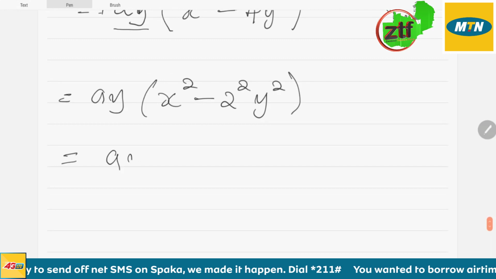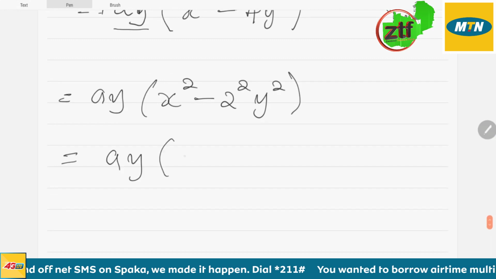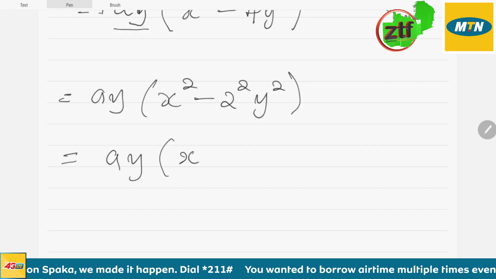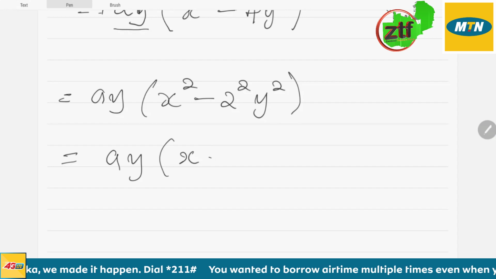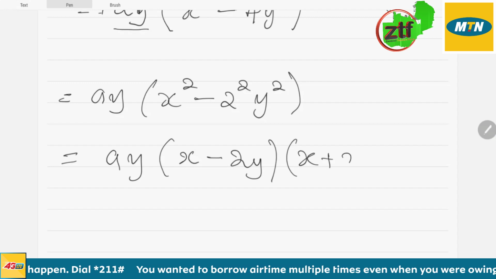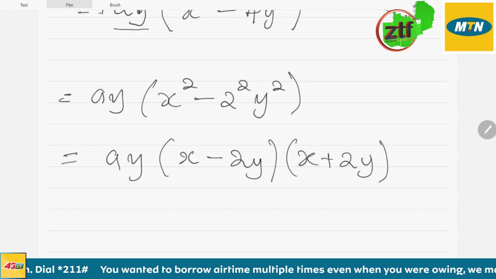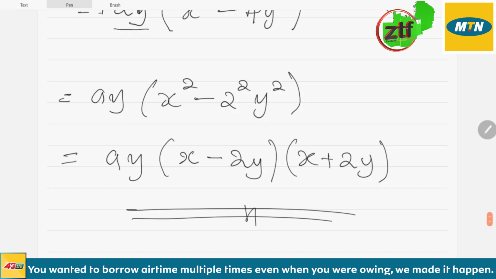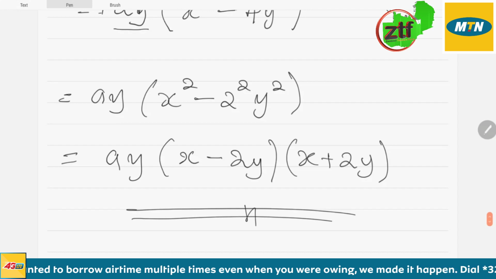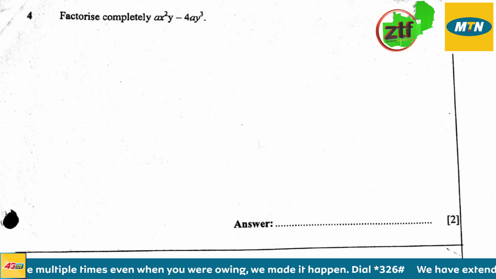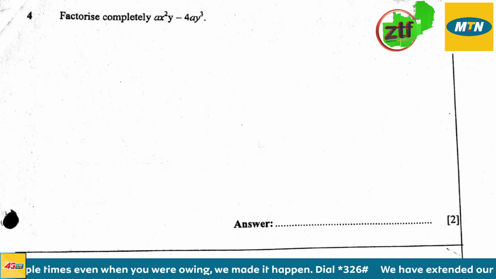Then I will have ay, then factorizing the term inside the brackets by the completing of the square method, I will get x minus 2y, then x plus 2y. So this is our final answer. So that is what you needed to do on that particular question. All right. So that is question number 4.